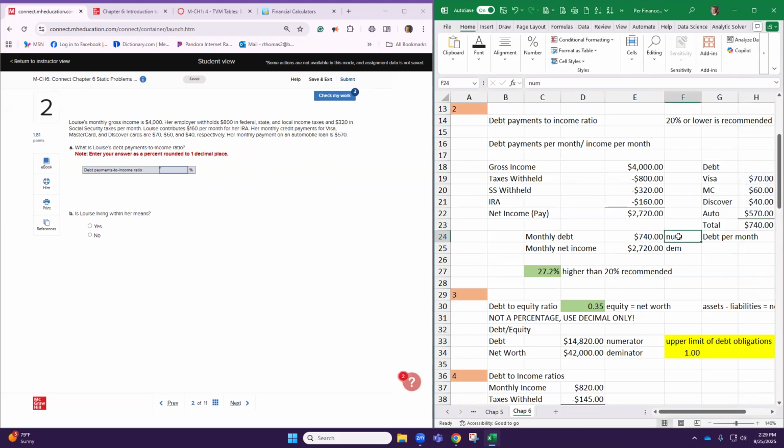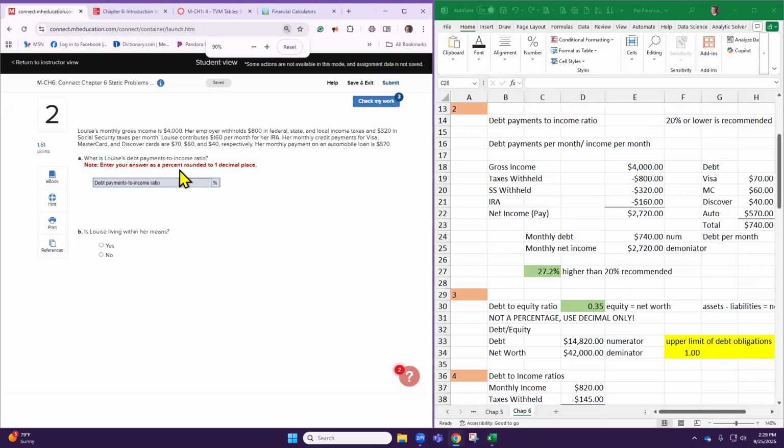So we want the numerator and the denominator: $740 worth of debt a month divided by her monthly net income. That equals 27.2%.